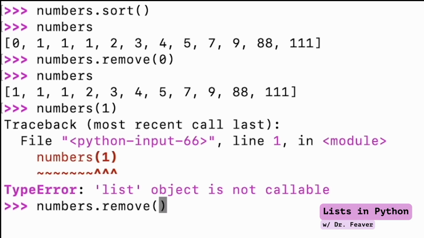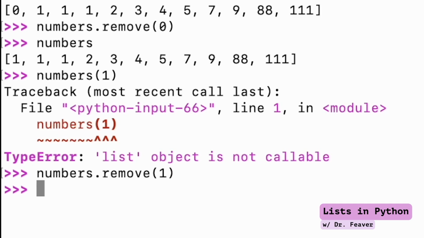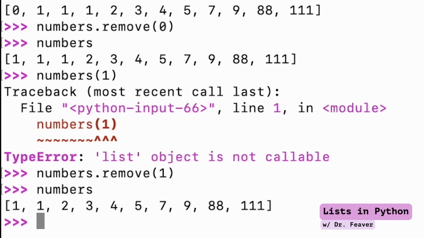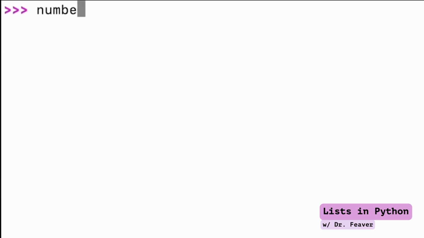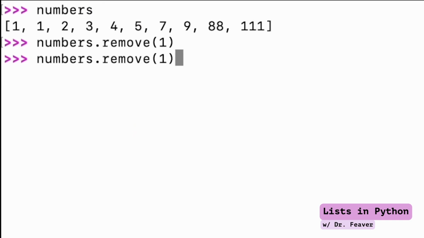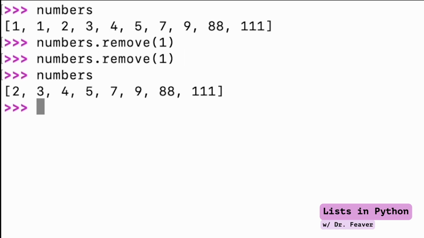If I do numbers.remove(1) and then print out numbers for you, you'll see it only removed 1 once. So if I have 3 1s in the list and I want to remove all of the 1s, I have to do it 3 times. Right now we still have 2 1s left, and if I do numbers.remove(1) 2 more times, then all the 1s are gone. So each time it only removes 1 thing.